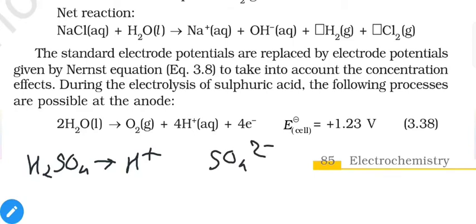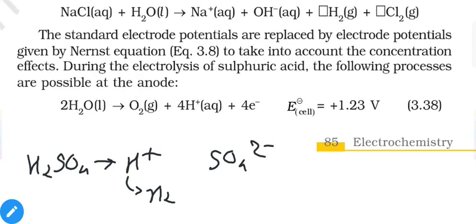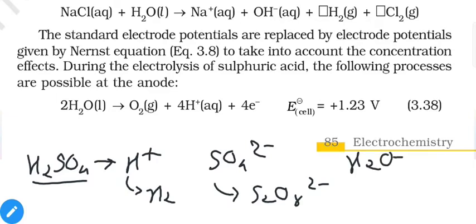From H+ obviously you may get H2, and from SO4 2- you can get S2O8 2-. So these two reactions are possible from H2SO4. And second, we have water, that means you will get H+ and OH-. So H+ again will give us H2 and OH- can give us O2.